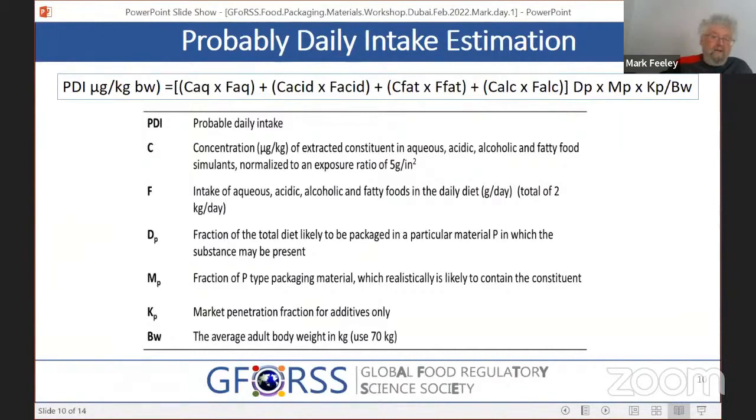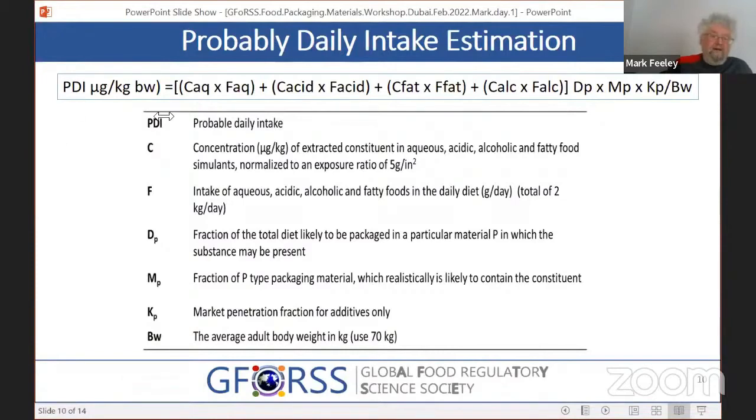The fraction of the type of packaging material which is likely to contain the constituent, the market penetration of that particular packaging material used, is defined generally by surveys of the packaging industry. If you recall, the previous slide had the pie diagram, and this would be used in terms of defining the probable daily intake of any particular migrant that's detected, as shown in that chromatogram from the previous slide.